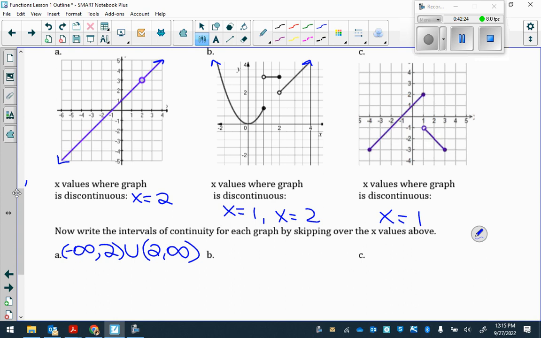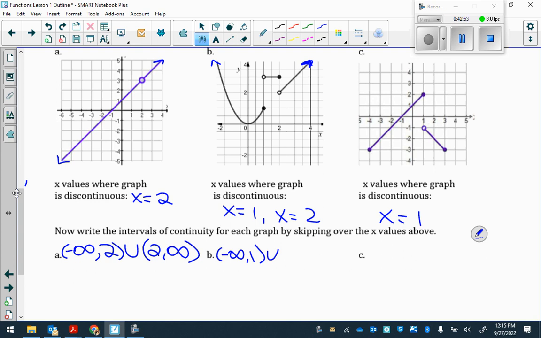So let's look at the second one. Start left to right. What's the smallest x value? Positive or negative? Be careful. Okay, hold on. We're missing something.